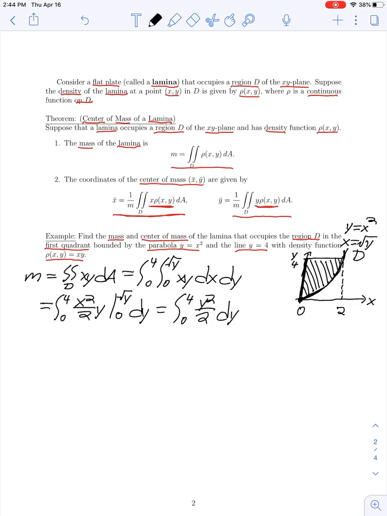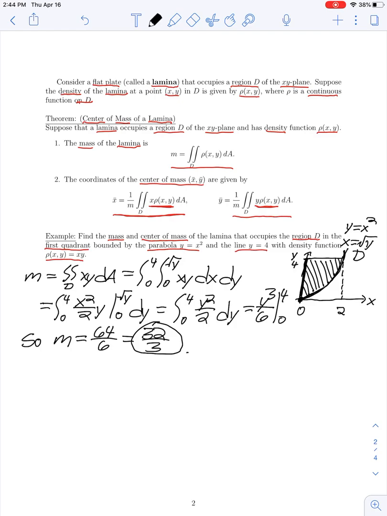So for our antiderivative, we would have 1/6 y cubed, or y cubed over 6, evaluated from 0 to 4. And so we find that our mass is given by 4 cubed, which is 64 over 6, or simplifying, 32 over 3. So this would be our value for the mass.